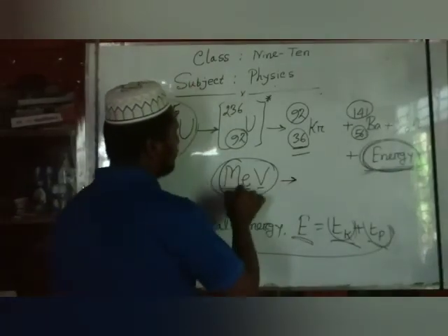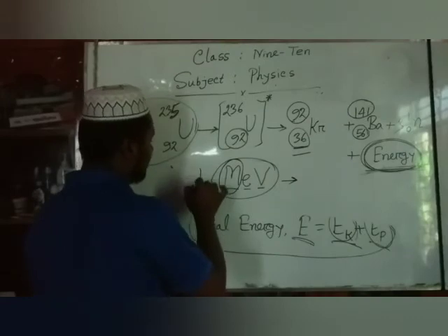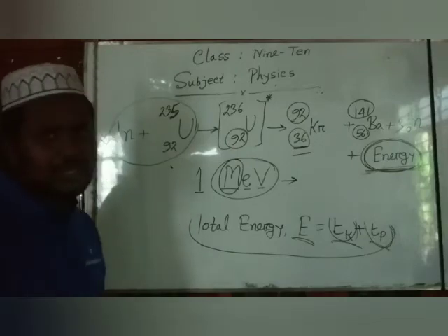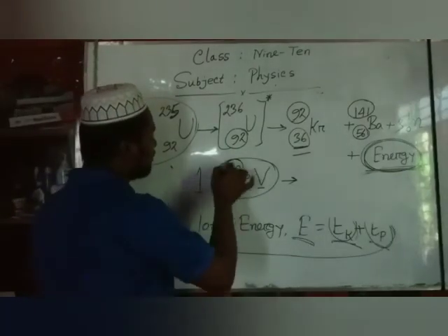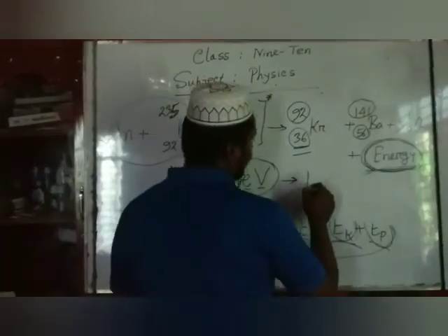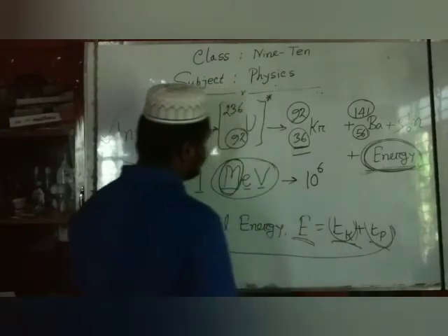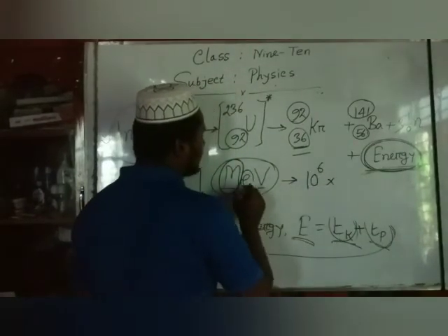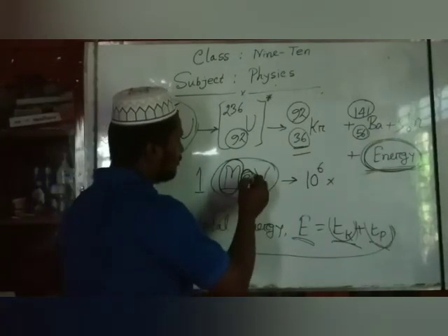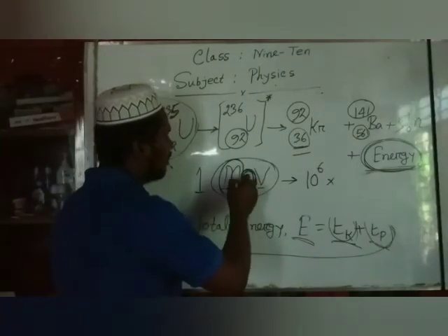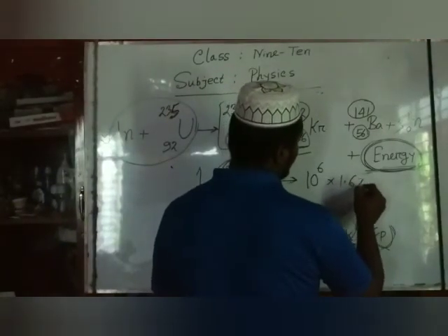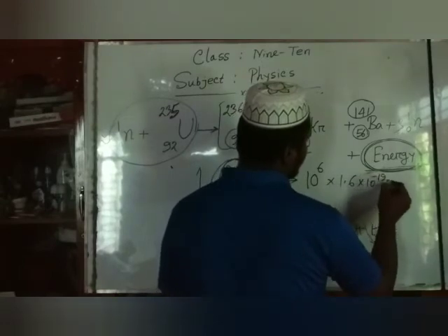M means million. If this term is 1 MeV, then we transfer it into J, that means joule. M means million, which is 10 to the power 6, and E means electron. You know that the charge of the electron is 1.6 into 10 to the power minus 19 coulomb.